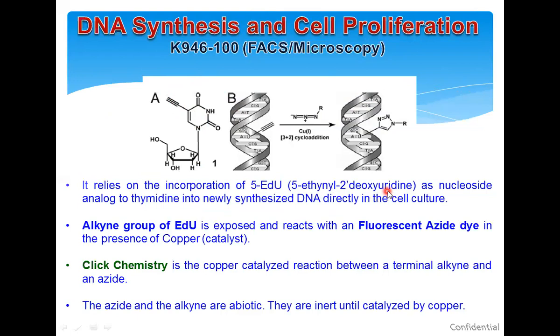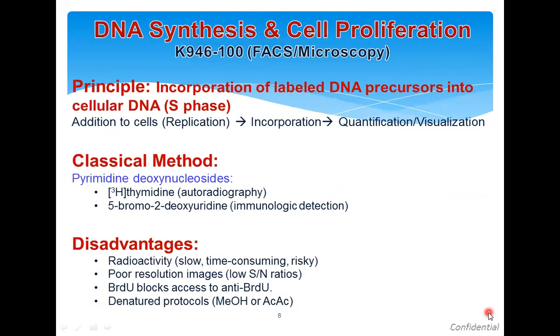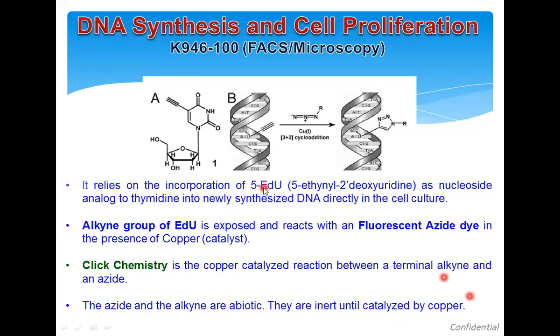Here we have 5-ethynyl-2'-deoxyuridine as the nucleoside analog. Instead of radiolabeled thymidine, which I showed in the previous one, here you are using EdU as the nucleoside analog, and that gets incorporated into the newly synthesized DNA.